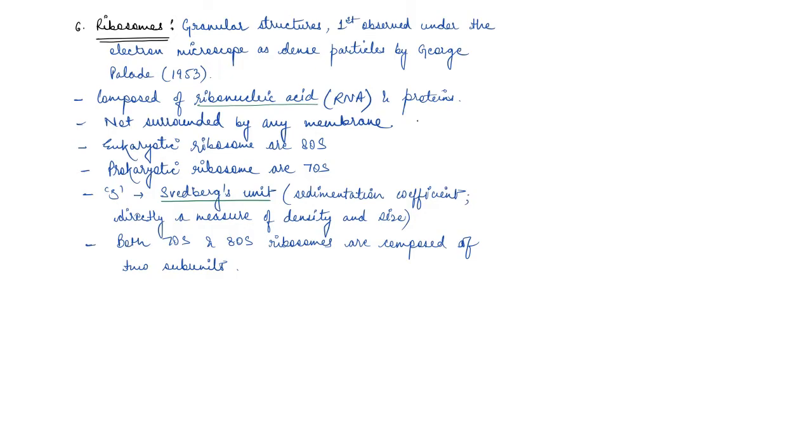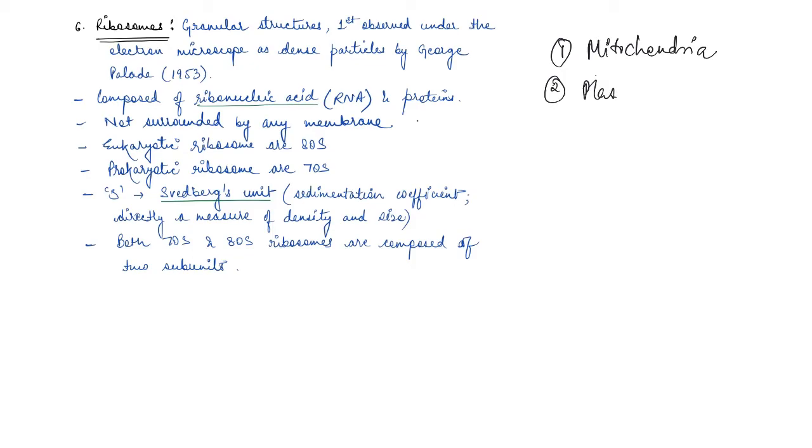So guys, with this we have finished ribosomes as well. In today's video we covered three very important organelles. One was mitochondria, which provides energy and is the site of cellular respiration.